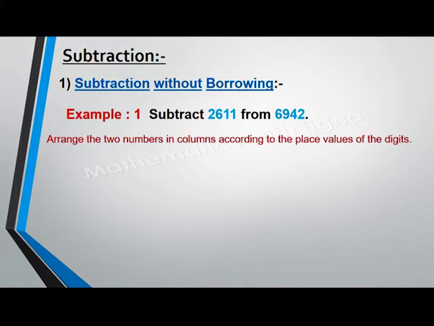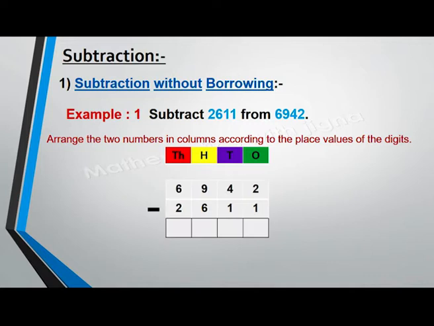Here first we have to find out the greatest number among both and arrange the two numbers in columns according to the place values of the digits. We learned that the number from which a number is subtracted is called minuend, and the number that is subtracted is called the subtrahend. First, subtract the ones.